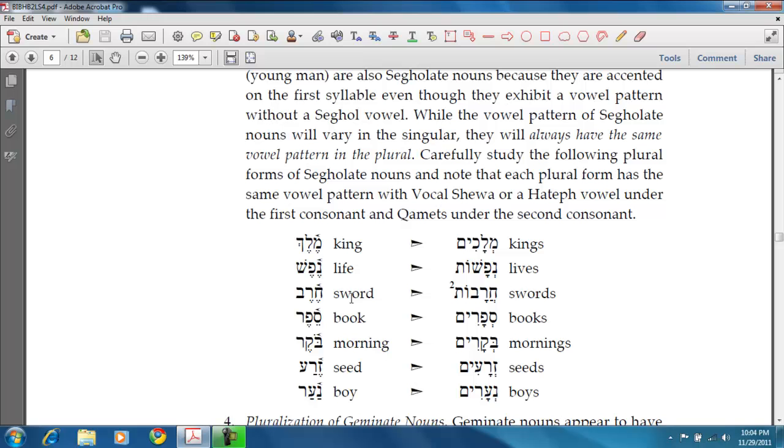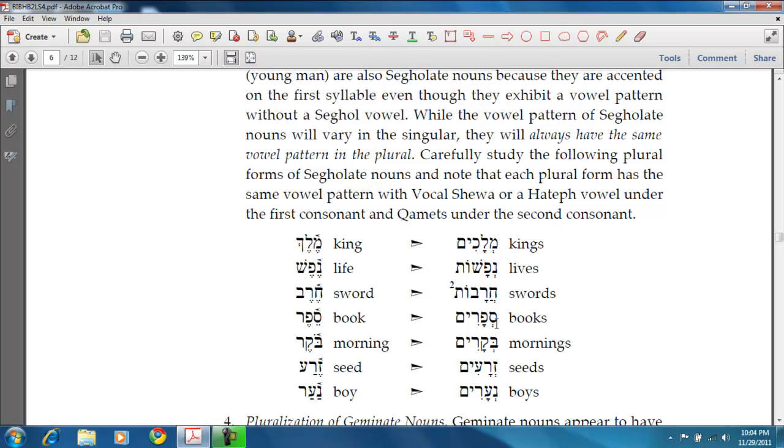Cherev for sword, because it is a guttural and it can't take a shva, what do you have? You have a hatef patach there, up under the chet. And so this is a feminine plural. Same thing with sefer, sefarim.